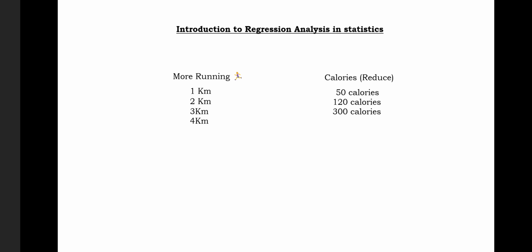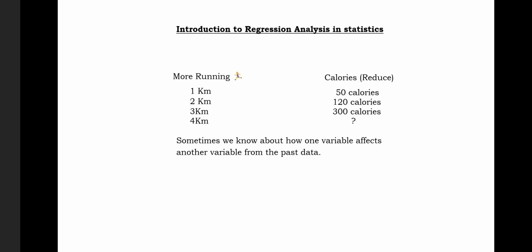After seeing how his calories were reducing, can we really predict, or guess, how many calories he will reduce if he runs 4 kilometers? Yes, we can do that. Sometimes we know how one variable affects another variable from past data.